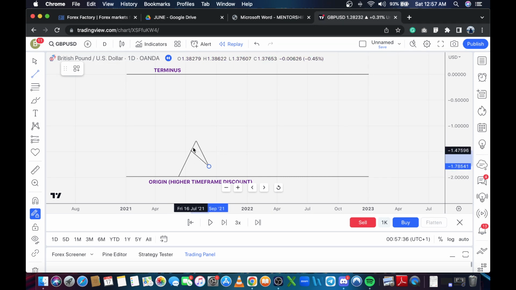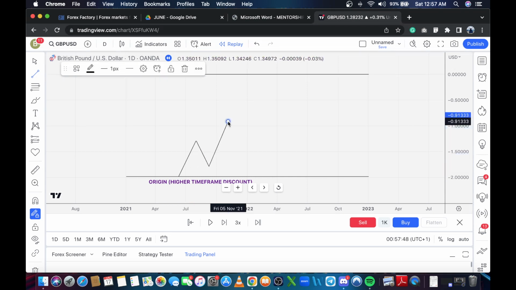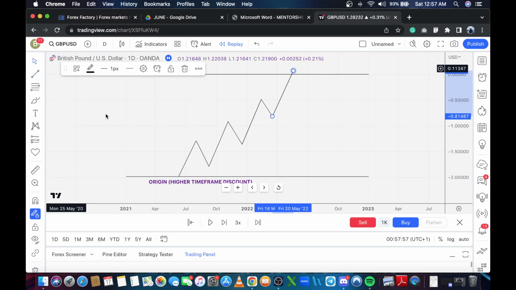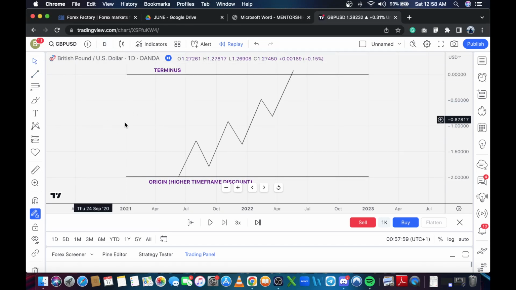All right, so usually when you're trading a continuation from the impulse, you can look for your 200 Fibonacci extension level, which essentially is one standard deviation of the impulse leg. All right, so you have your second swing grade there, and then you have a return back to equilibrium, and then you have your third swing grade, and price runs for terminus. All right, now equilibrium of the range obviously is here.